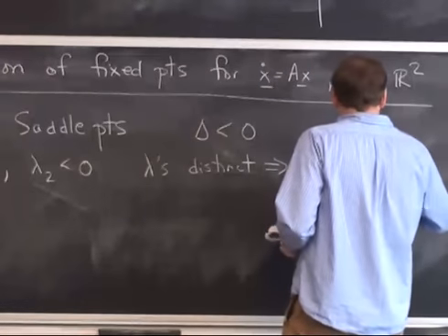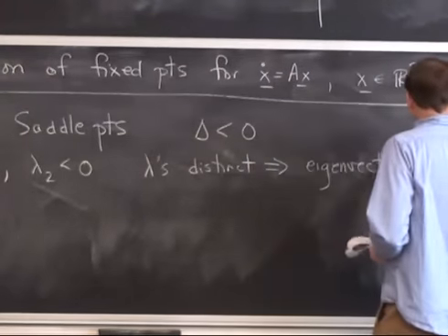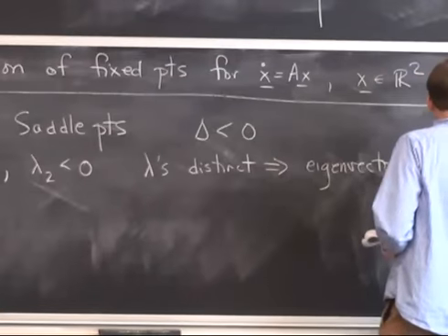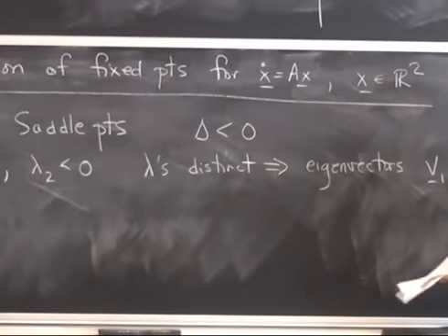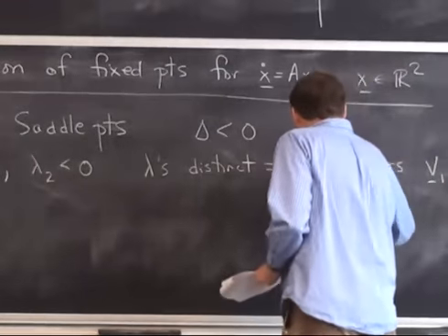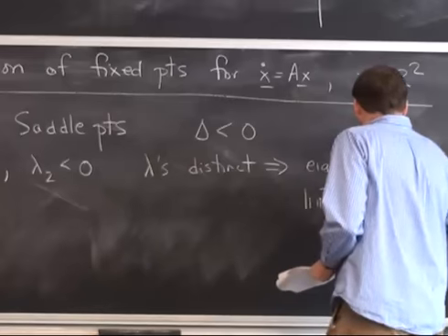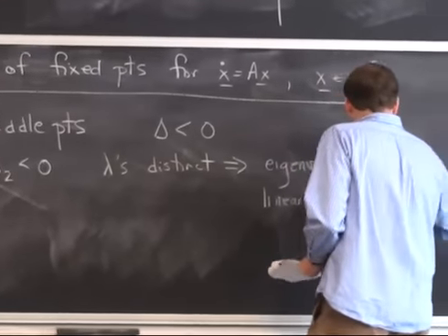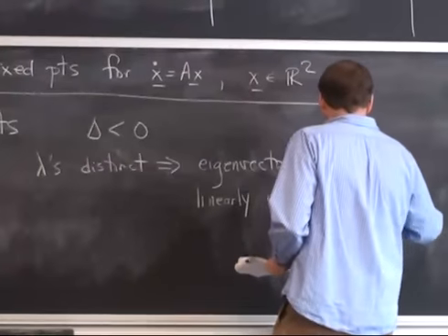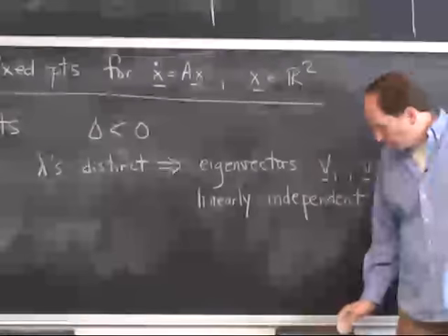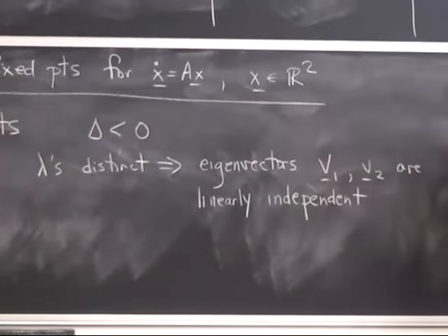So the eigenvectors that go with these eigenvalues, v1 and v2, are linearly independent. That doesn't mean that they're necessarily orthogonal. They just are not on the same line.